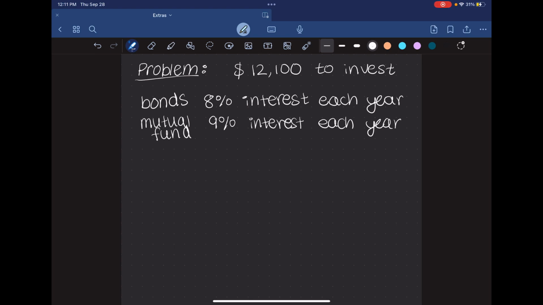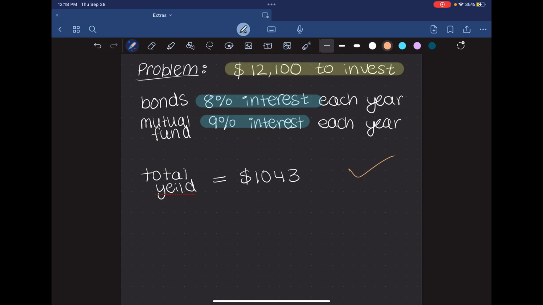Now, suppose we know somehow that the total income she earned from the investments was $1,043. So her total yield was equal to $1,043.